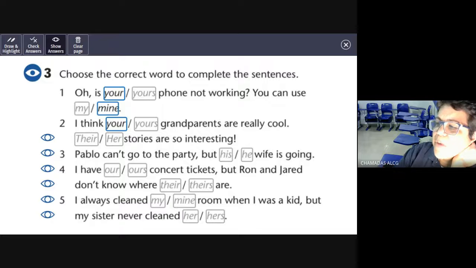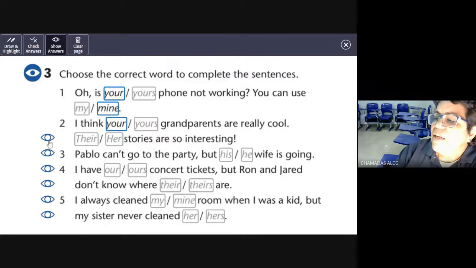Your grandparents. So again, when you have a noun after the possessive, then you have to use possessive adjective. So your parents or grandparents, okay? I think your grandparents are really cool.